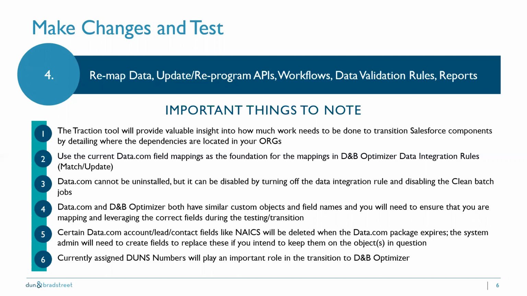And there you actually have some D&B Optimizer data integration rules. And those can be used as the basis for establishing the data integration rules that you're going to find in D&B Optimizer. There are going to be 4 of them: one for the account, one for the lead, one for the contact on the lead, and one for the contact. And so you'll want to use that as your foundation for the mappings going forward.